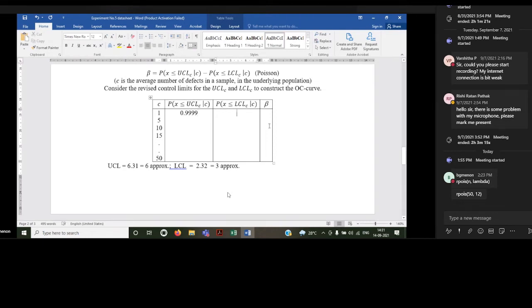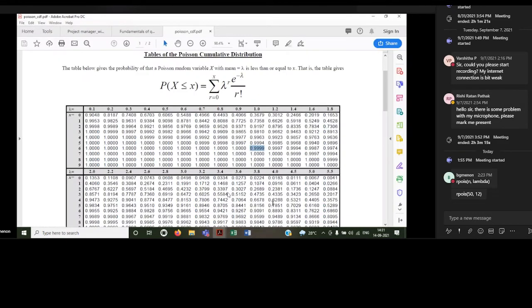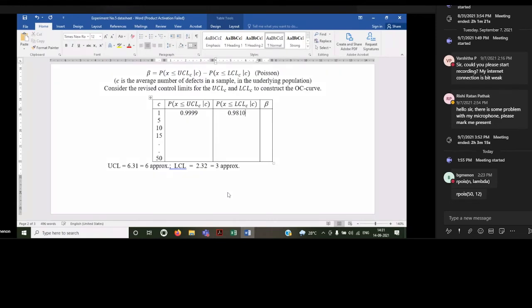In the next case, X less than or equal to 3 given 1. Can you find it from the chart? The value is 0.9810, because lambda doesn't change and the X value is now 3, the LCL.